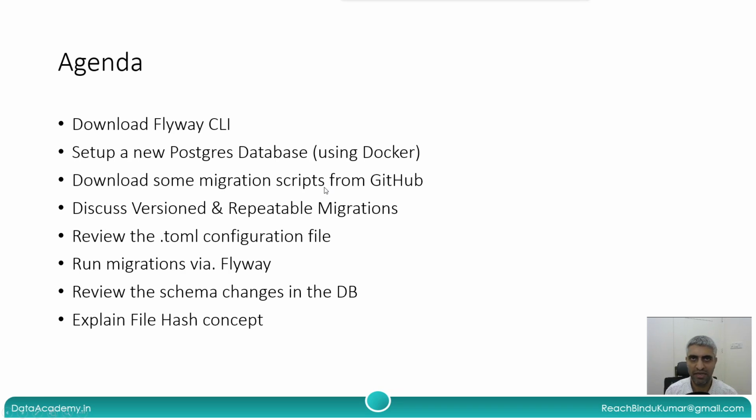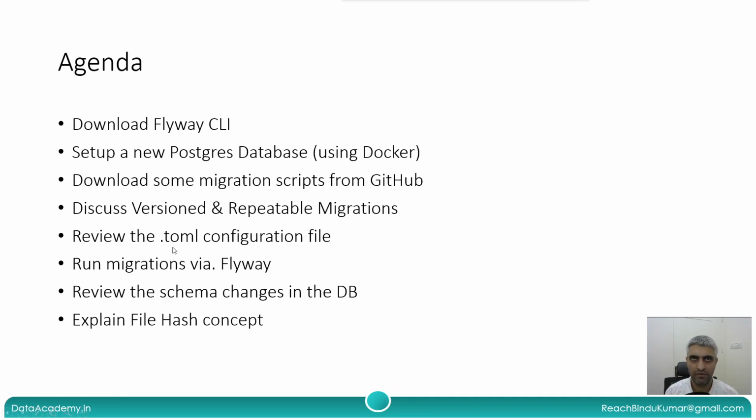We downloaded some migration scripts from GitHub, the link for which you will find in the video description. We looked at what versioned and repeatable migrations are and how they are different, and that versioned migrations are specific for, let's say, tables, whereas repeatable migrations are for those objects that do not hold data like views, functions, procedures, indexes, and so on.